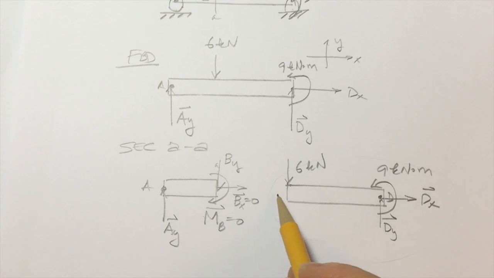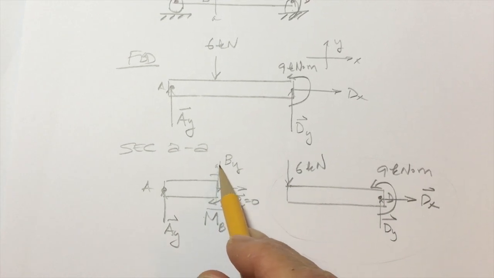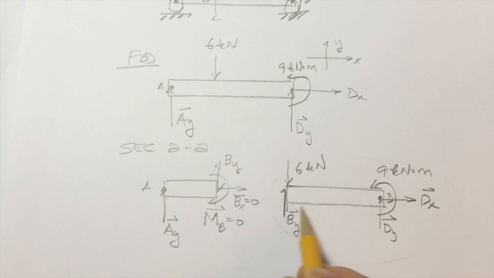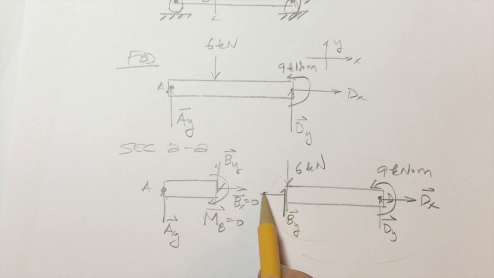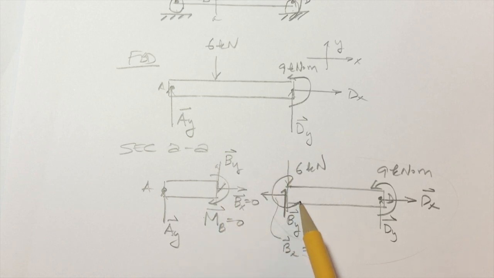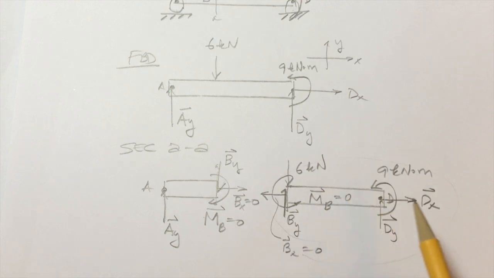So in this diagram, I know that since there's a shear force By going in that direction, I need an equal and opposite force going in that direction. So that would be By. And again, I'm going to draw this normal force, call that Bx, and we know it's equal to 0. I'm also going to draw a moment that's equal and opposite to this, and say that's also equal to 0.